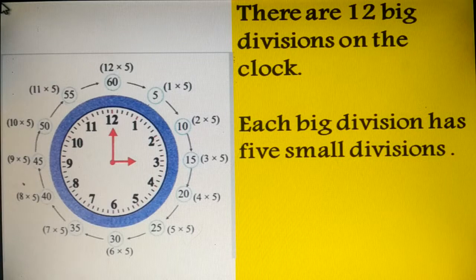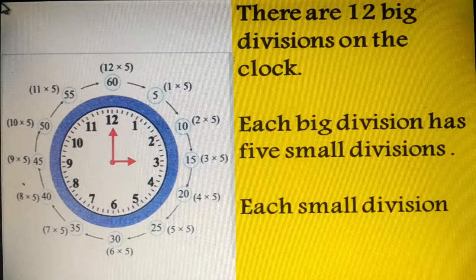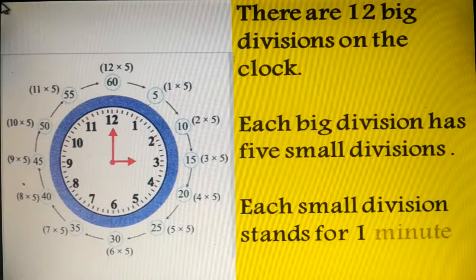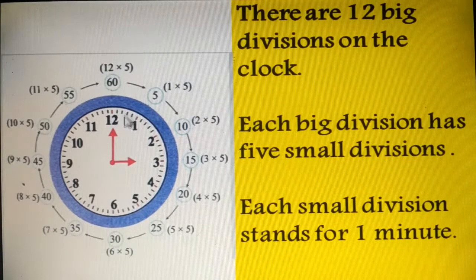Between every two big divisions there are 5 small divisions. Each small division stands for 1 minute. Or as I have discussed with you, every small division stands for 1 minute. 5 small divisions means 5 minutes.